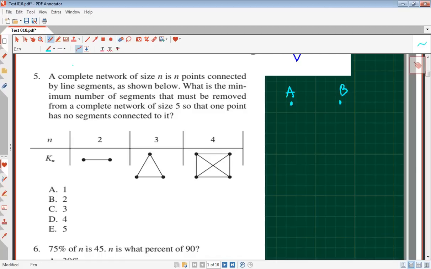We will try the complete network of size number 3. We consider the triangle ABC. For example, if we want to isolate the point B, we need to erase the segment AB and the segment BC. And that means with a complete network of size number 3, we need to remove 2 segments.